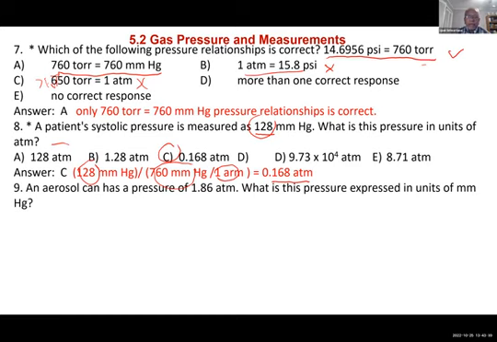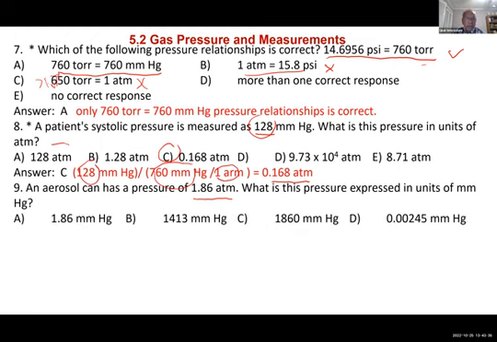An aerosol can has a pressure of 1.86 atm. What is the pressure in units of millimeters of mercury? 1 atm is 760 millimeters of mercury. So 1.86 atm is multiplied by 760.